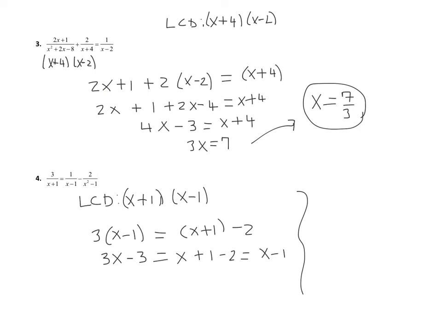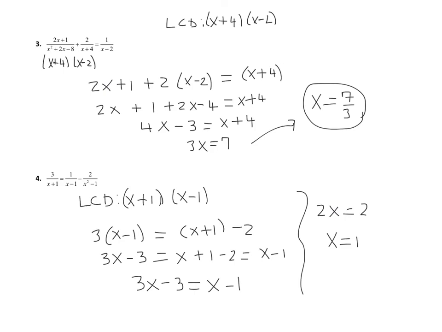I'll continue here: 3x minus 3 equals x minus 1. I subtract x from both sides, so I get 2x, and then I add 3 to the other side, so 2x is equal to 2, so that means x is equal to 1.